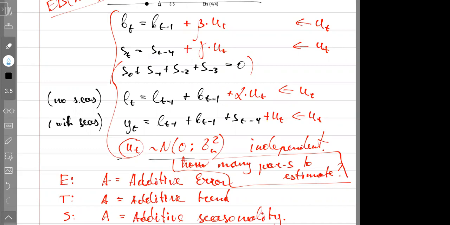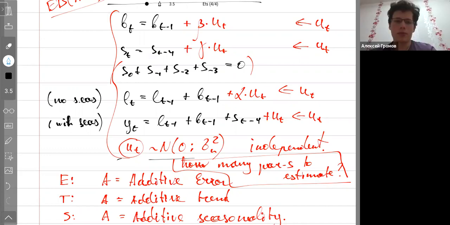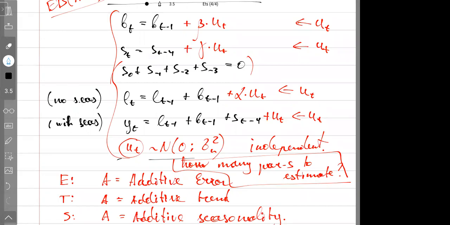Just take your fingers and count how many new parameters you see in this system. Alpha, beta, and gamma. Who can see more? Sigma squared U. Yeah. So how many parameters in total? 9.